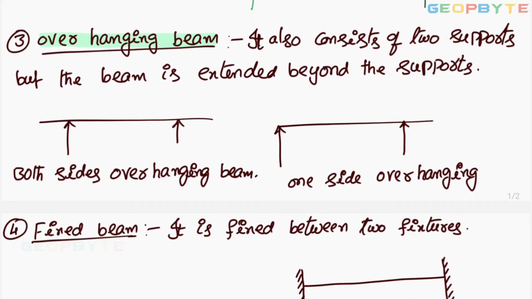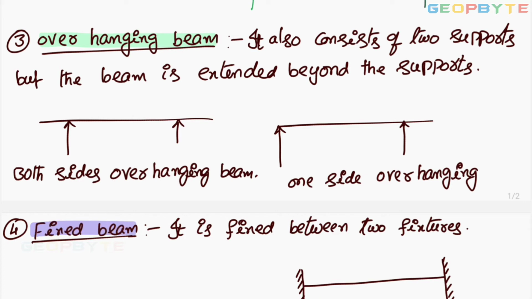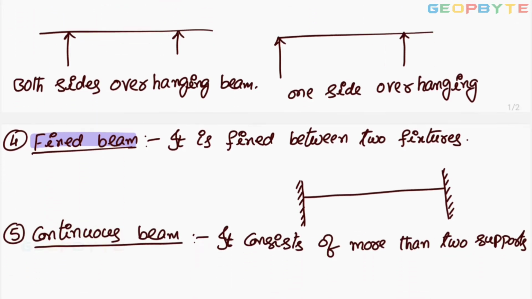Next kind of beam is the fixed beam. It consists of two fixtures at its both ends, or it is fixed between the two fixtures. That is about the fixed beam.